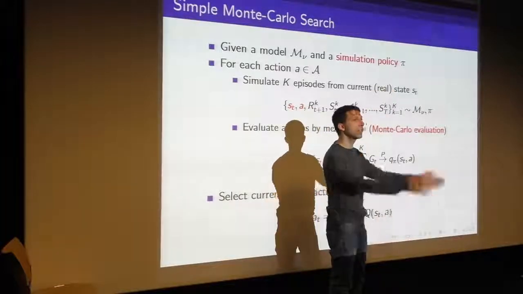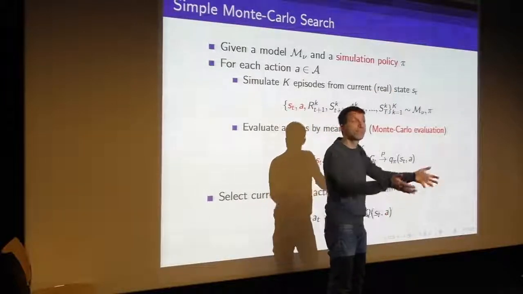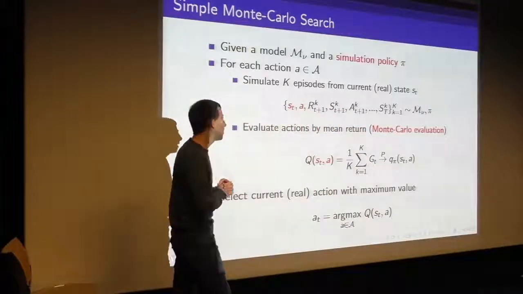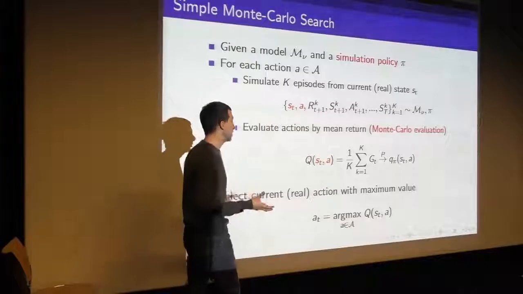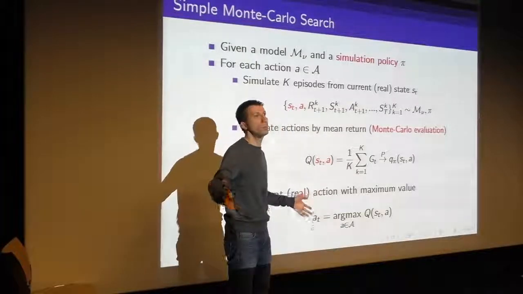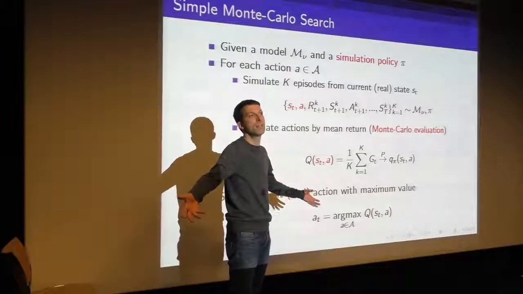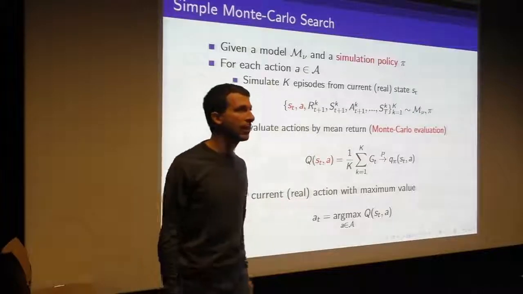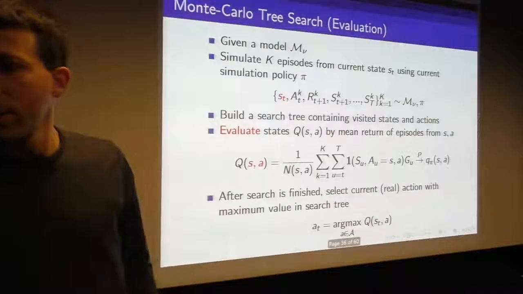If we run enough simulations, we really will converge on the expected value of those returns, which is the definition of the value function. And then all we do is pick the real action to take. Do I go left or do I go right in the real world? Well, I just pick the one which had the higher mean, the one which did better in my simulations. That's the idea of simple Monte Carlo search.